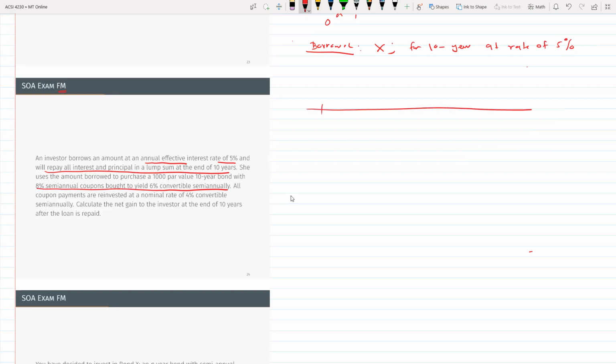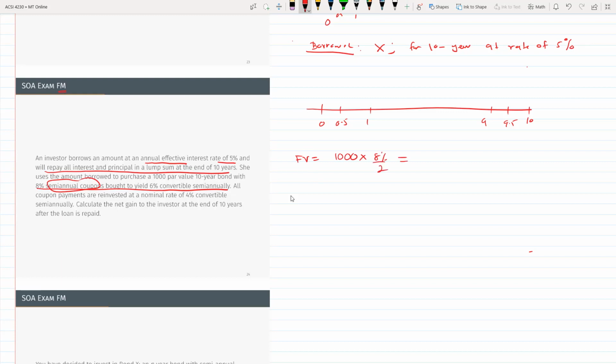The timeline. This is a 10-year bond. Coupon every 6 months, semi-annual coupon. So the coupon amount, you can see the face value is 1,000, and the rate we should use is 8% divided by 2 because it's a nominal rate.